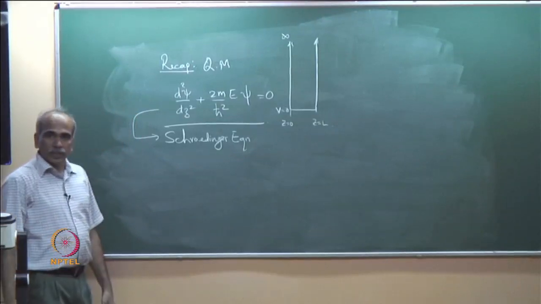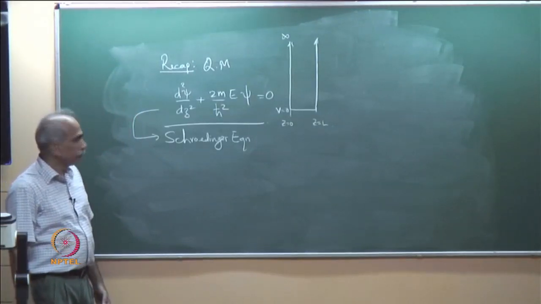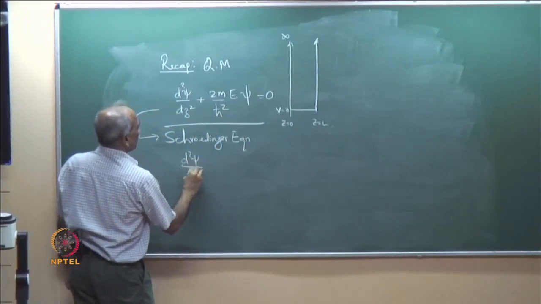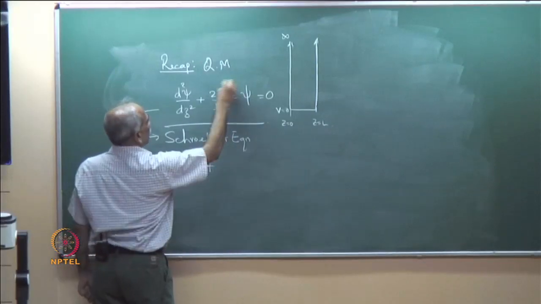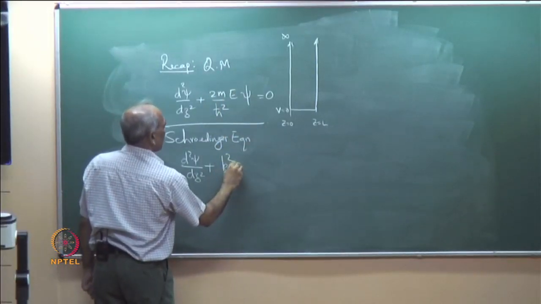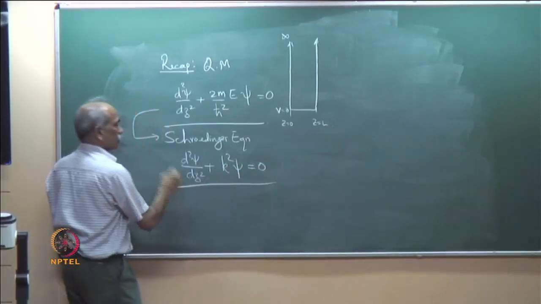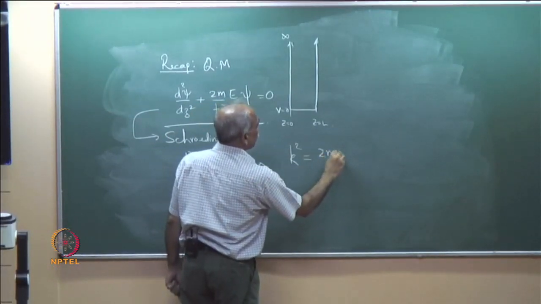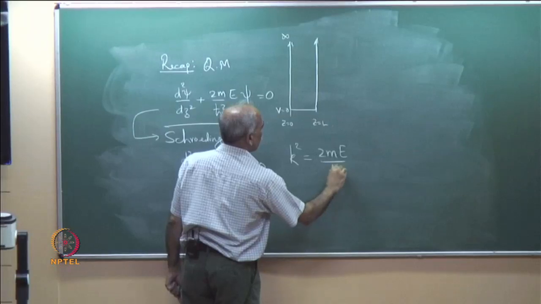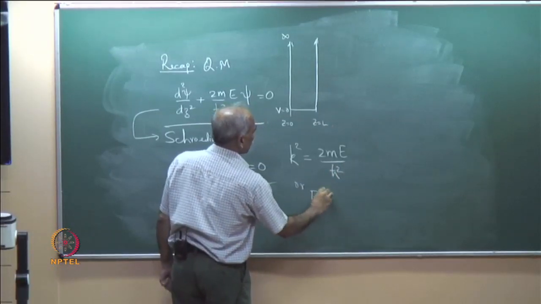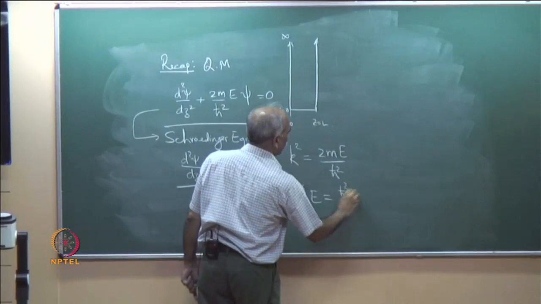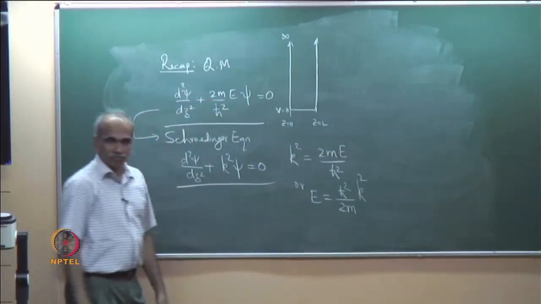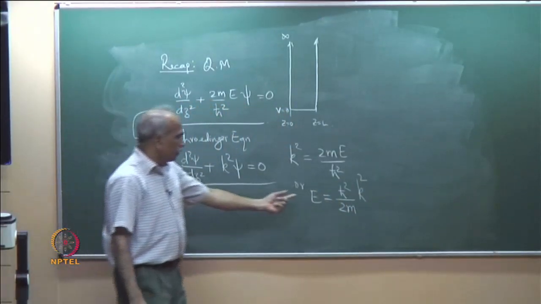So, this I can write as d square psi by dz square plus, let me call this k square, k square psi equal to 0, where k square is equal to 2mE by h cross square, or E is equal to h cross square k square by 2m, the allowed energies.